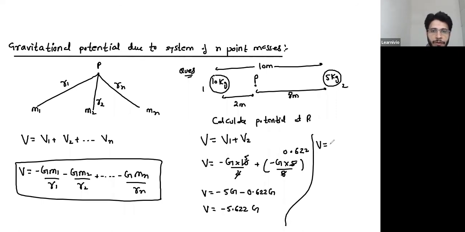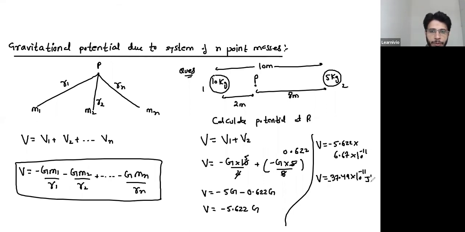You can even substitute the value of G into 5.625, so 5.625 into 6.67 into 10 raised to the power minus 11. I'm using a calculator. It's 37.5 into 10 raised to the power minus 11.